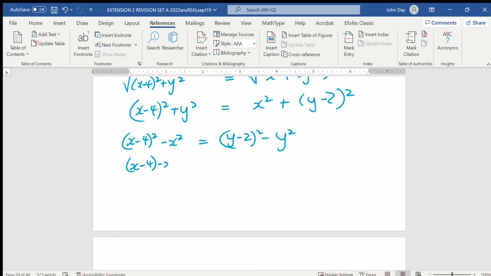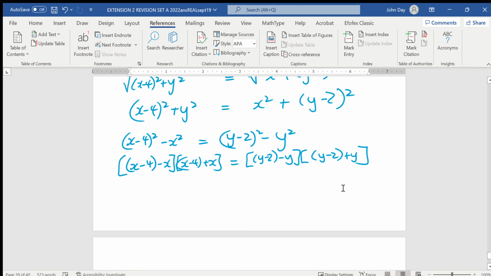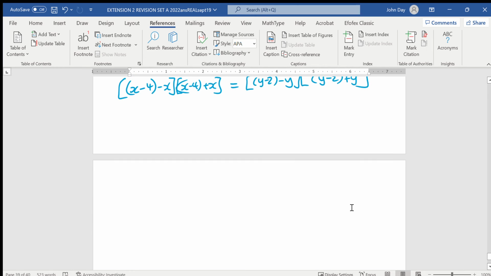So a minus b times a plus b equals a minus b times a plus b, because a squared minus b squared on both sides. So x minus x, that's minus 4, brackets, x plus x, that's 2x minus 4 there. And this is y minus y, so minus 2, and y plus y, 2y minus 2.